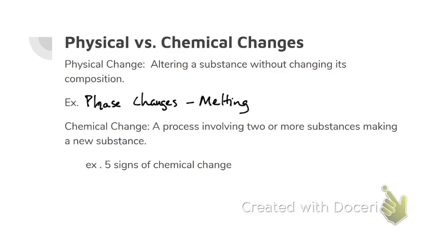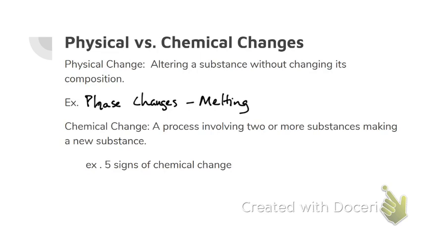When ice melts, that's a change, but it's still water. So in that case, we would consider it a physical change. Ice is a solid form of water, and then liquid water is water. It's not like you've changed it into a different or new substance.